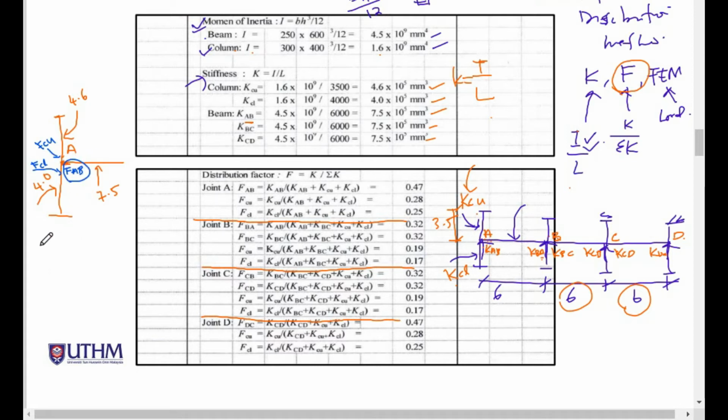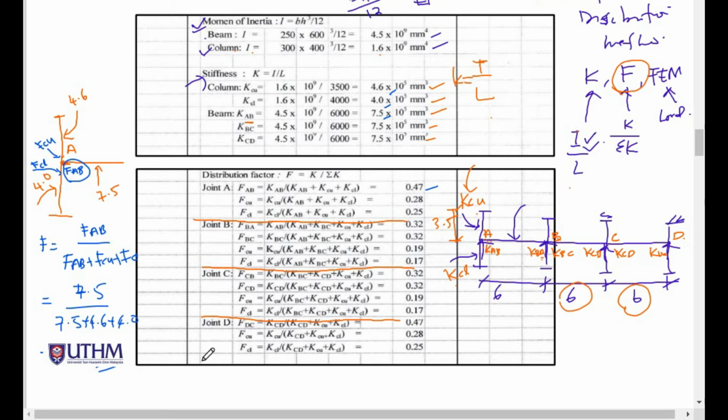The distribution factor FAB is equal to KAB divided by the total stiffness at joint A, so FAB plus FCU plus FCL: 7.5 divided by 7.5 plus 4.6 plus 4, and this distribution factor for FAB is equal to 0.47.